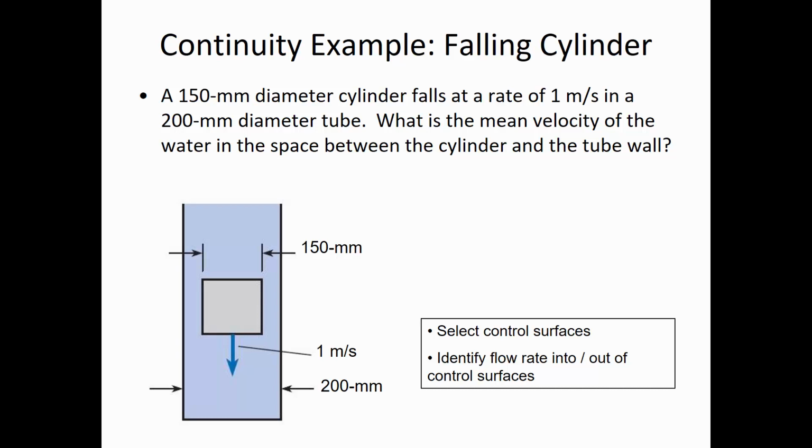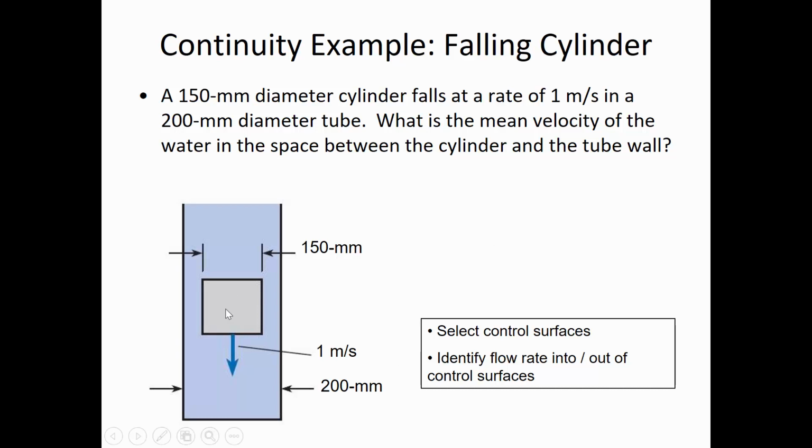Now what happens as that cylinder falls downward, the water has to flow out of the way. So think about, as that cylinder moves down, it's pushing something out of the way. It's displacing water. And the water can't go down because this container has a hard bottom to it.